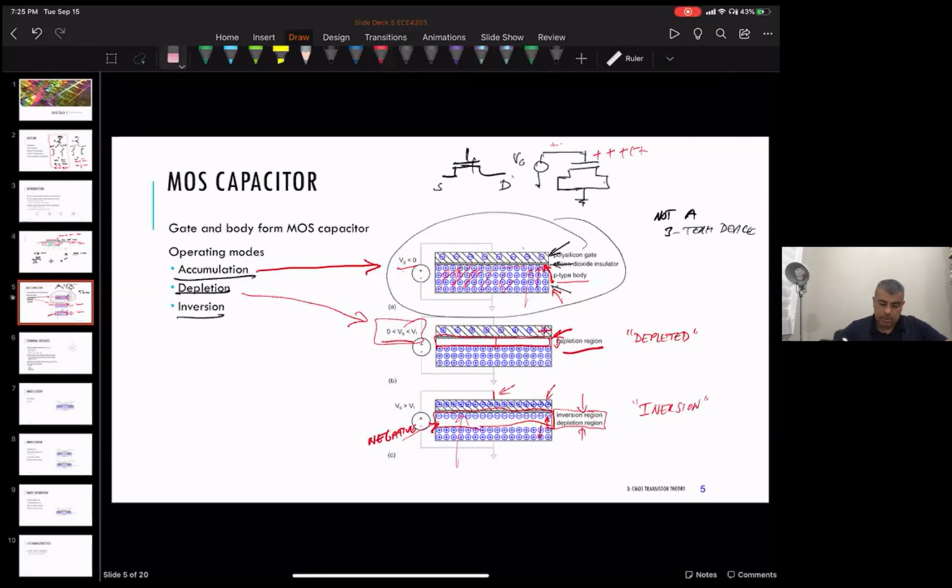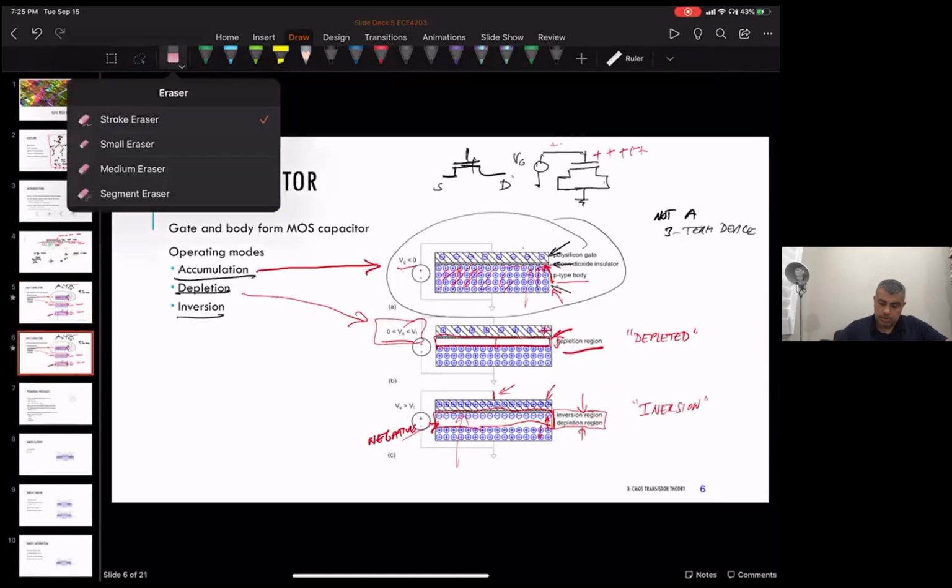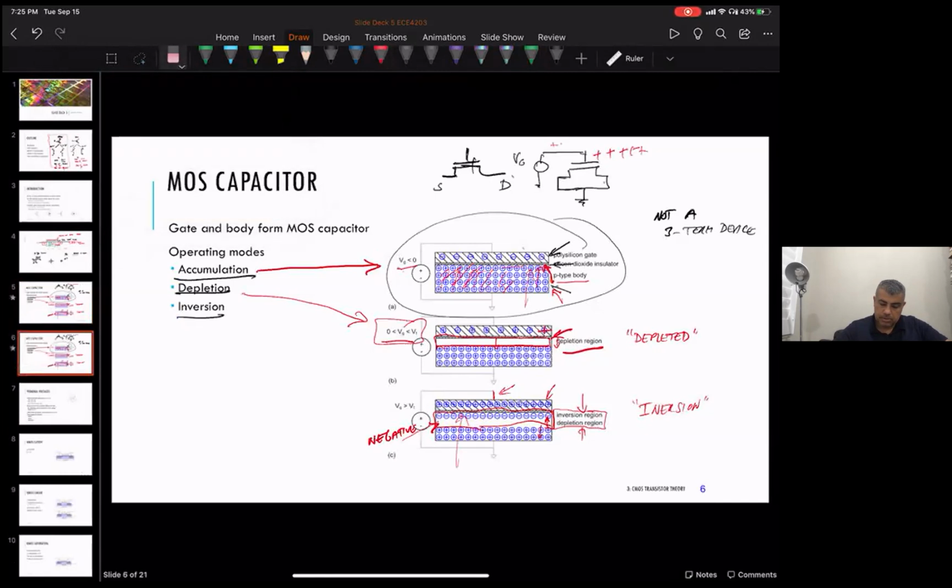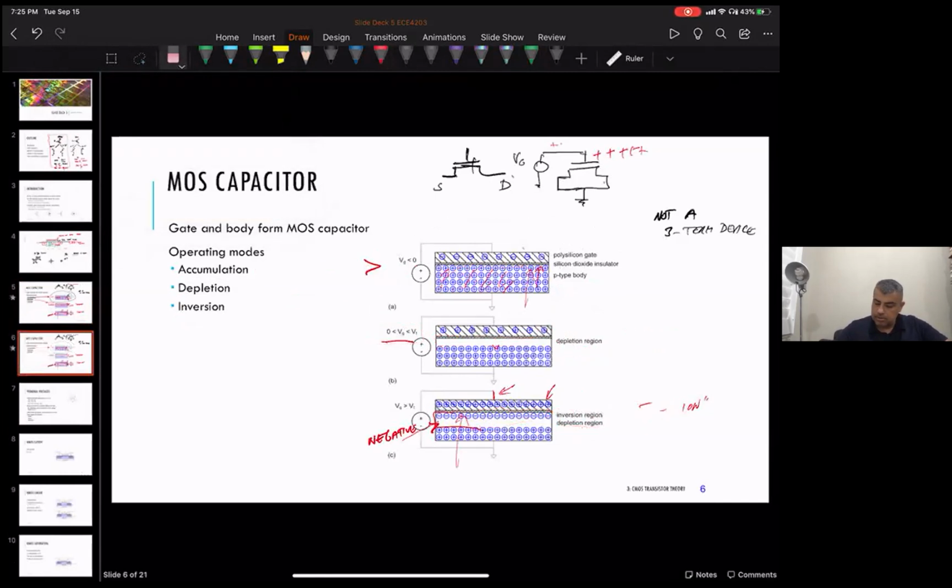I'm going to actually duplicate this to get myself into more trouble. So I'm going to add a source and drain to this. So this is N plus, N plus.